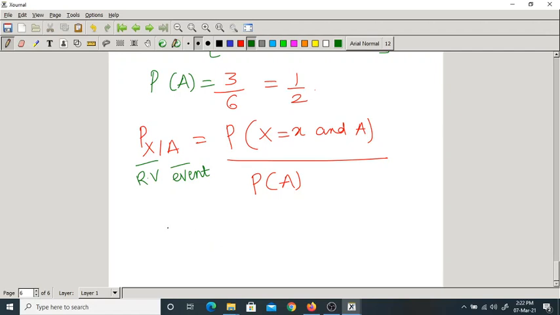Now, what about small x? It can take 6 values: 1, 2, 3, 4, 5, 6.